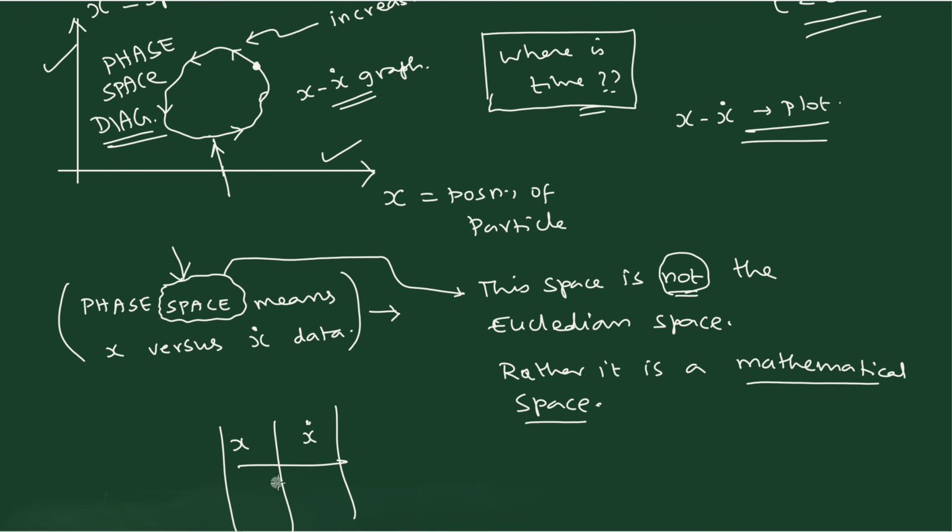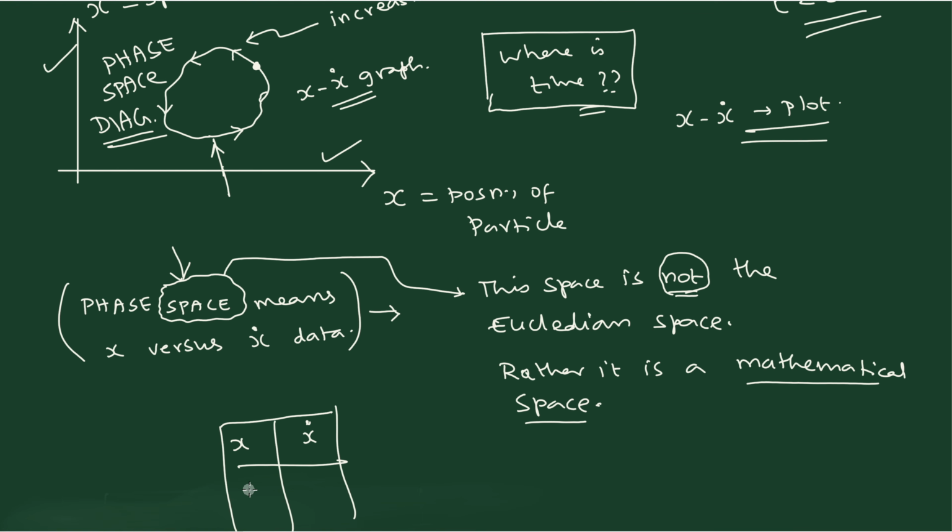So the set of all values which are written down in the tabular form, that is the set of all values. Okay, all values is very important. It is not a small data. You can have infinitely large data, for example. Such a big set of numbers is what is known as phase space. Ultimately it's a set of numbers. That's all about it.